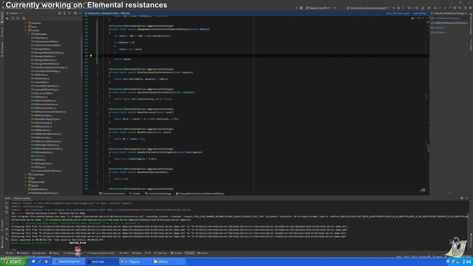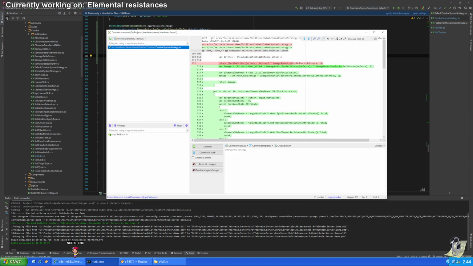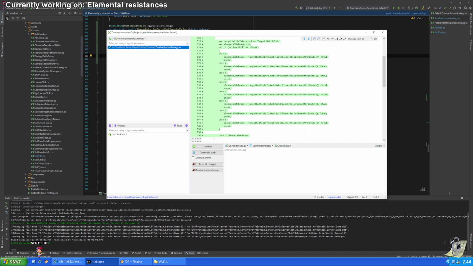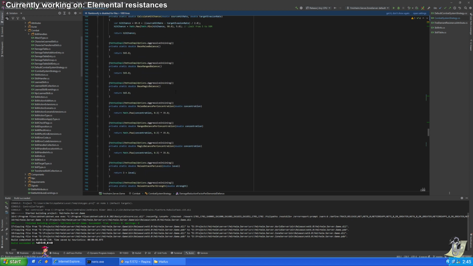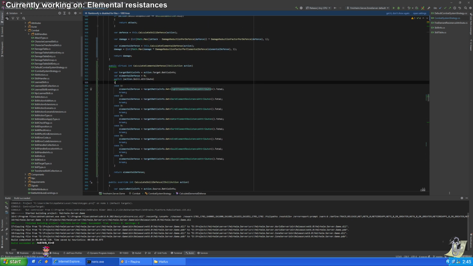Okay, and then this. So let's double check this one. Elemental defense.